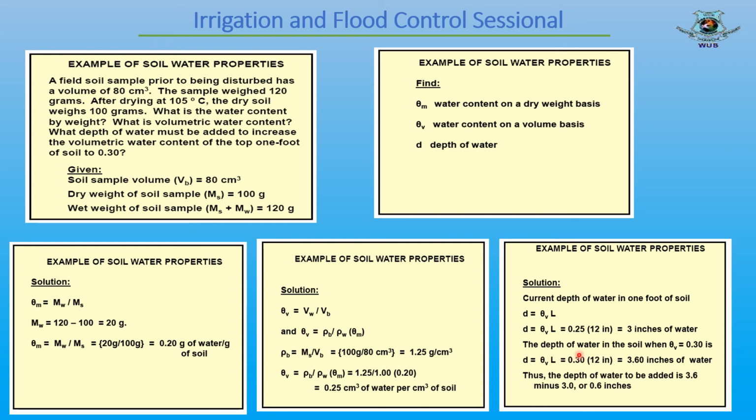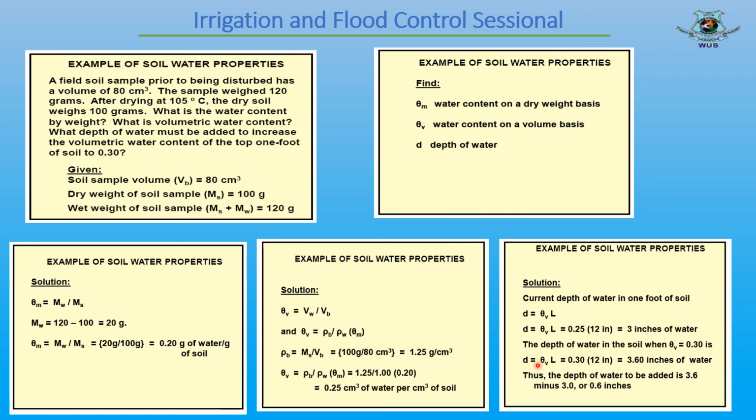Now the depth of water in the soil when θv is 0.3, as we have to increase the value of θv to 0.3. So when the value of θv is 0.3, then d equals θv into L. Here θv equals 0.3 and L equals length of the soil, that means 1 foot or 12 inch.